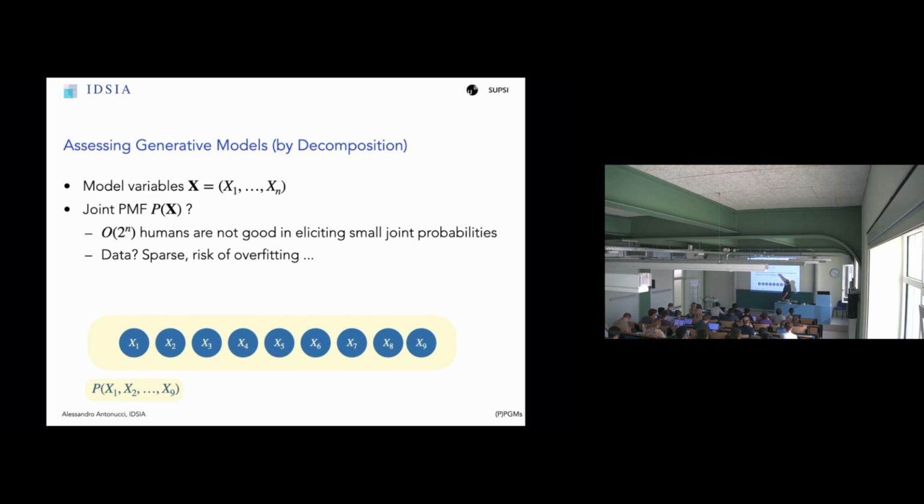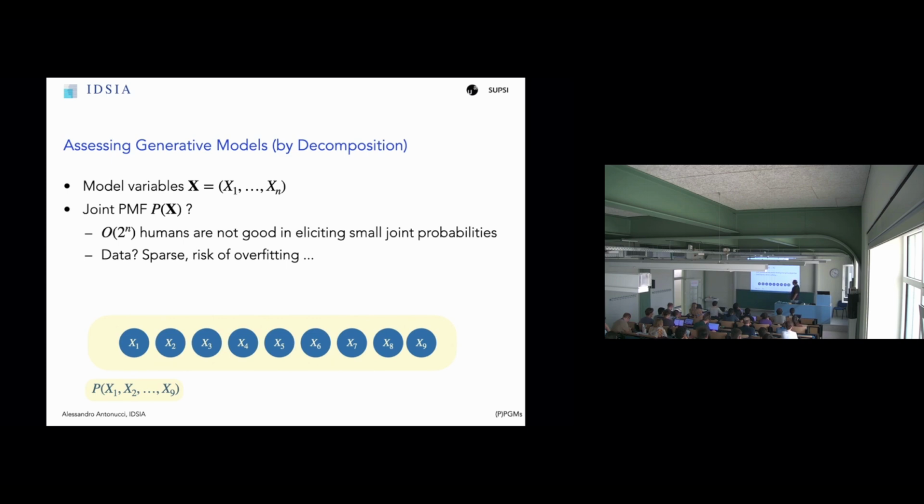So I have these X1, ..., Xn. Sometimes I use the bold for the joint variable, and I want to assess this variable. Let's say, for instance, I'm interested in a model based on expert knowledge, so I could ask my expert to assess these probabilities, to assess the model.